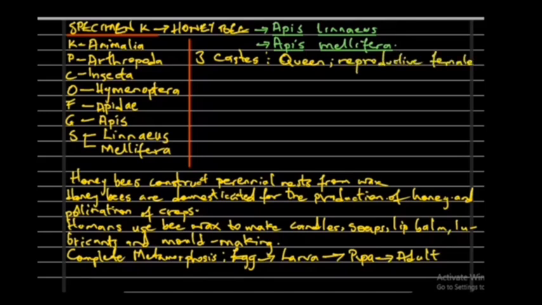It is the queen that lays the eggs, and then they have the drones. The drones develop from unfertilized eggs and are majorly males.